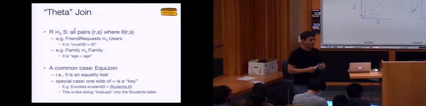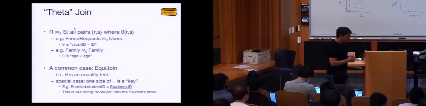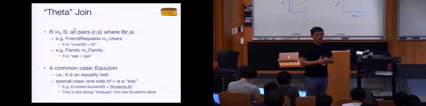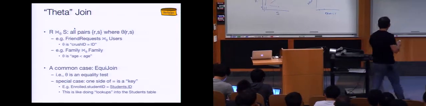used twice. A more typical example of that in your database textbook would be find all employees and their managers. So imagine that the employee table has a field called manager ID and a field called employee ID. I'll write this down actually.